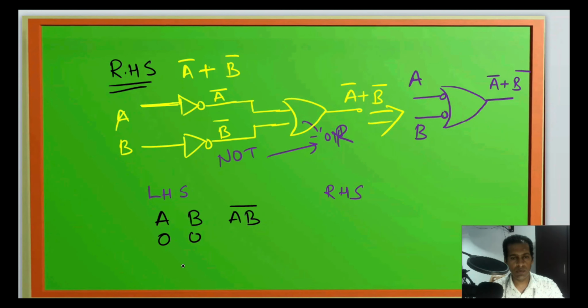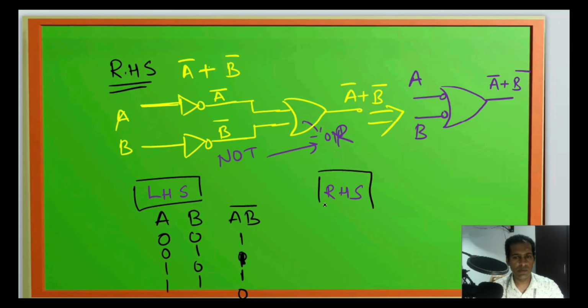The possible inputs are 00, 01, 10, 11. For 0, 0, AB is 0, but its complement will be 1. Here we will get 1, here also 1, and then 0. This is the output for the LHS.